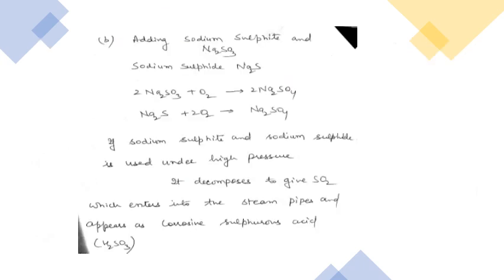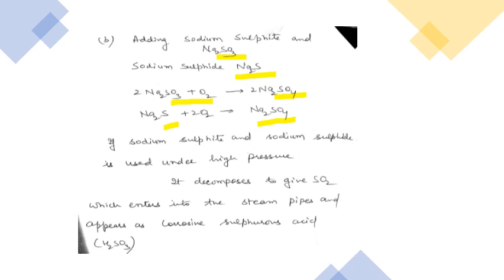Now if we see the other chemicals that we can add, sodium sulfite and sodium sulfide. How do they remove the dissolved oxygen? Sodium sulfite reacts with oxygen to produce sodium sulfate, and sodium sulfide, if we use it, also forms sulfate. But sulfates are the products forming. So what happens?